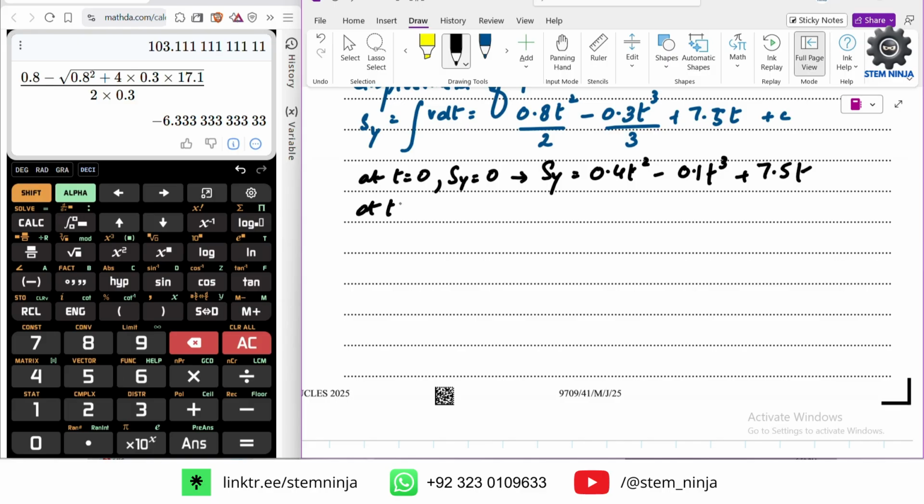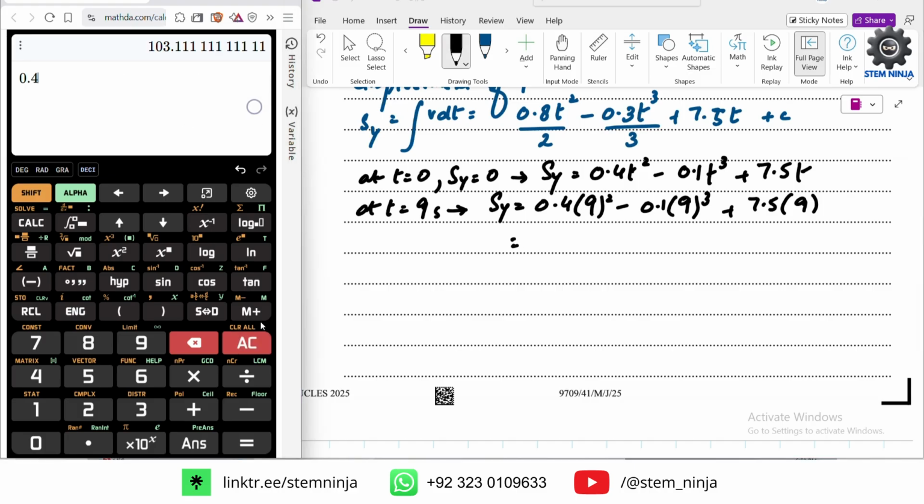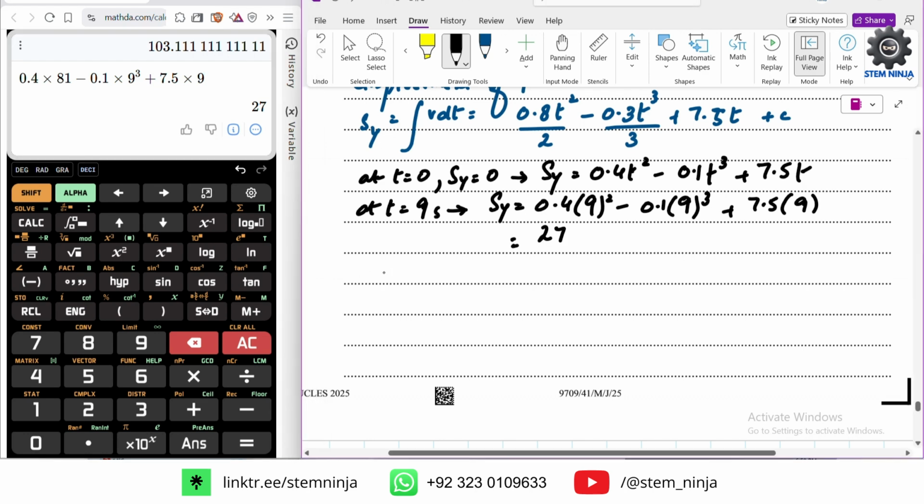So at t is equal to 9 seconds, sy is equal to 0.4 times 9 squared minus 0.1 times 9 cubed plus 7.5 times 9. This would become 0.4 times 81 minus 0.1 times 9 cubed plus 7.5 times 9. This is 27.